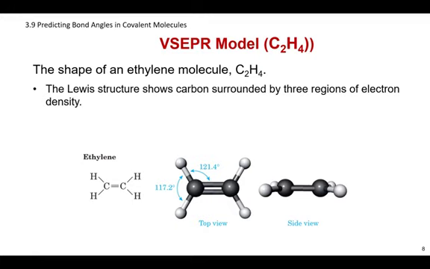A lone pair has more pushing on other electrons than a single bond. So this has 3 electron pairs, trigonal planar. The whole molecule is planar. This is a planar molecule seen from the side. So ethylene is a planar molecule. How about acetylene?